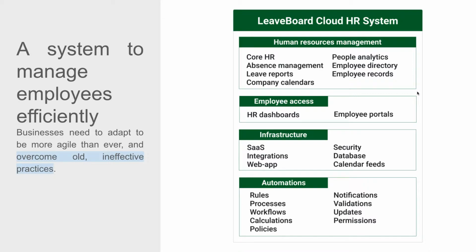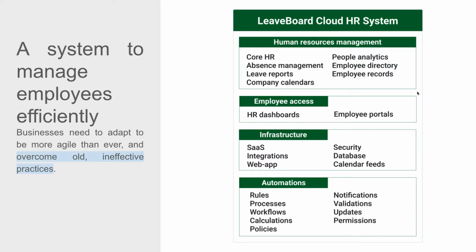What does this cloud HR software look like, and what are its essential components? As you see in this graphic, we have split the core HR system into four components.